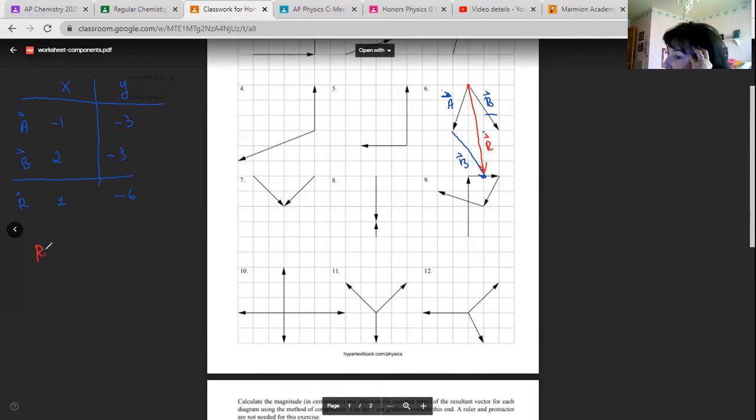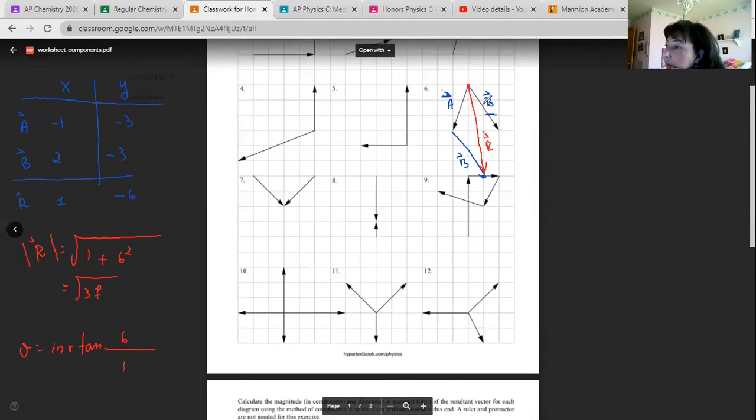So magnitude of R is going to be square root of 1 squared plus 6 squared. So this is square root of 37. And then the angle is going to be the inverse tangent of rise over run.